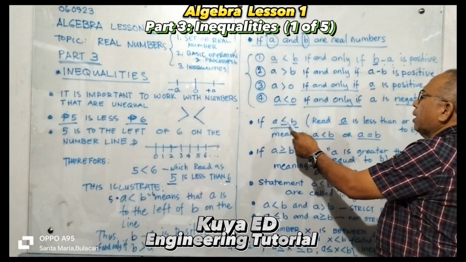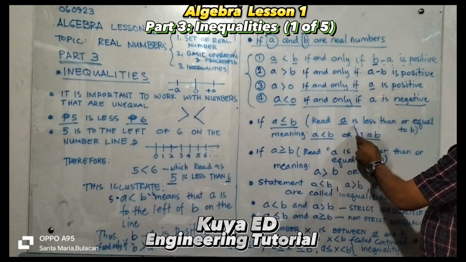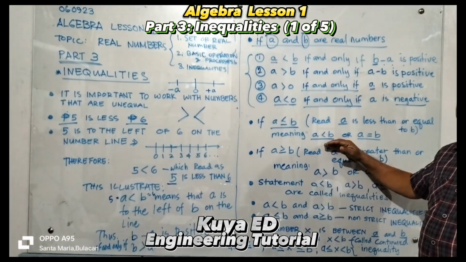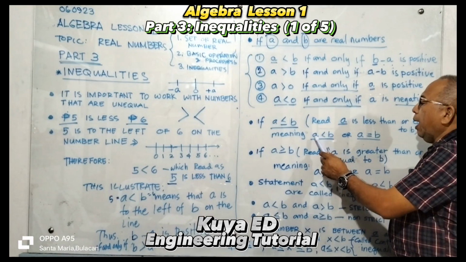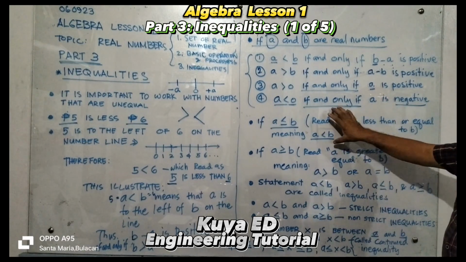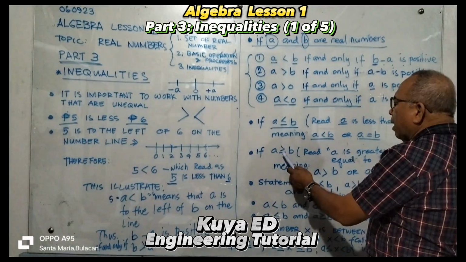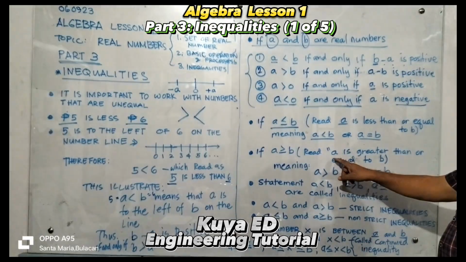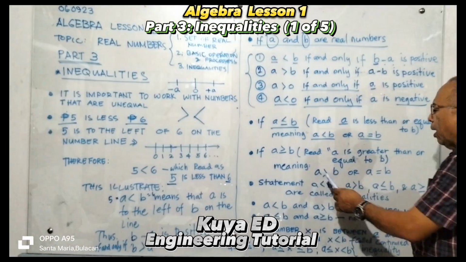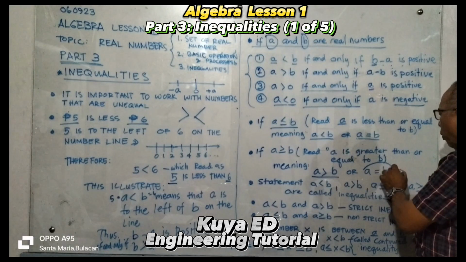A is less than or equal to B. As read, A is less than or equal to B. Meaning, dalawa ang posibleng value: ang A daw ay less than B or A is equal to B. On the other side here, if A is greater or equal to B, ito daw pagbasa natin, A is greater than or equal to B, meaning A is greater or A is equal.